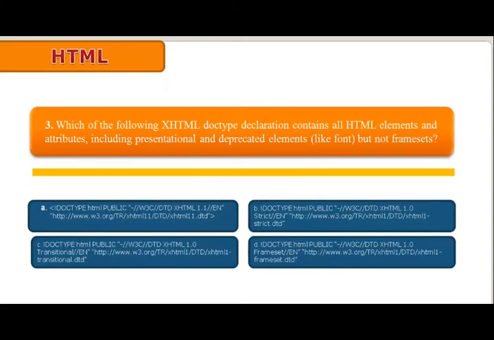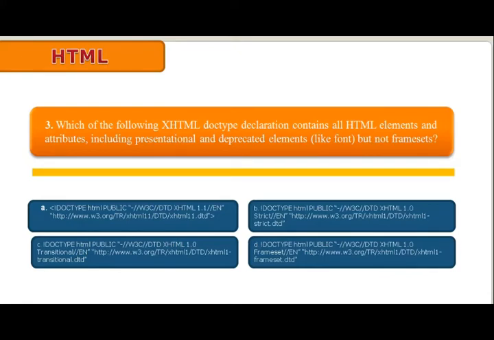A. DOCTYPE html PUBLIC W3C DTD XHTML 1.1 EN, w3.org XHTML 11 DTD. B. DOCTYPE html PUBLIC, the site name, EN w3.org TR xhtml1 DTD xhtml1-strict.dtd.